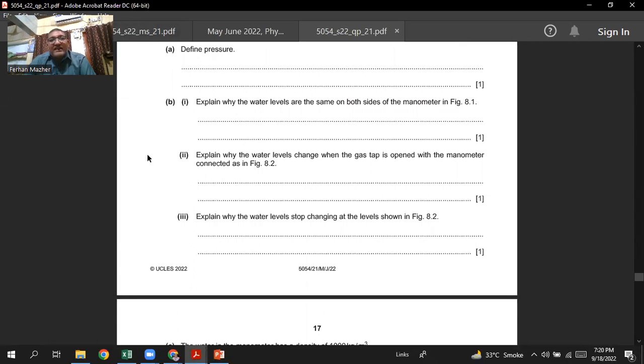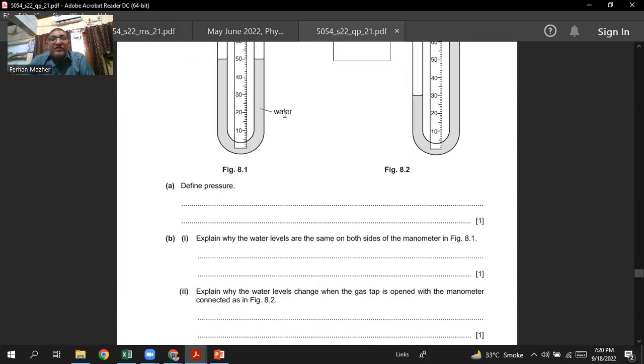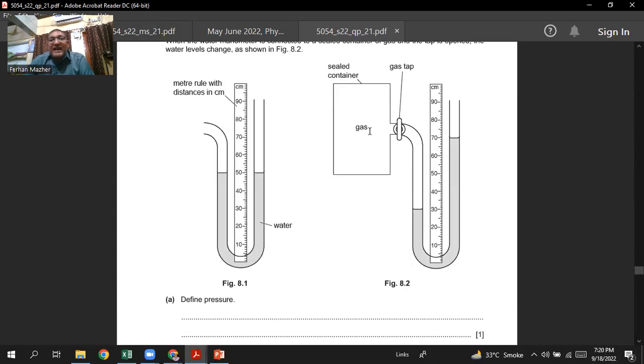The next question they are asking is, explain why the water level changes when the gas tap is opened with the manometer connected as in the figure 8.2. You see, when you open this tap, the gas comes here, and the pressure of the gas is more than the pressure of the atmosphere.